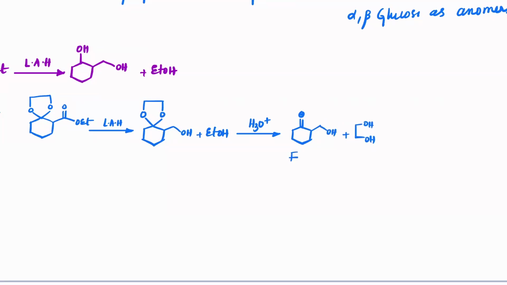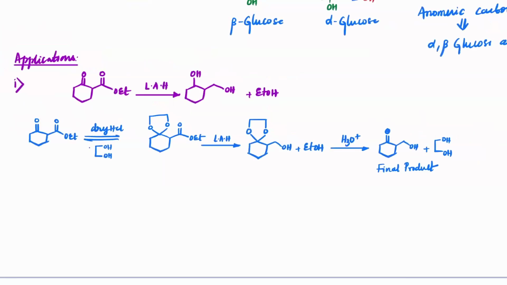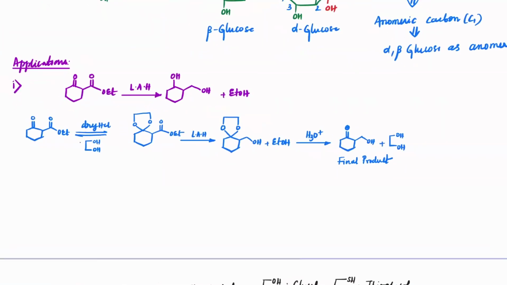So this is the final product. You can clearly notice that without disturbing the ketone, we are able to reduce the ester. This is also called locking. Locking that functional group, and then operating this way, we are able to get this. Clear, everyone? Right. Check.